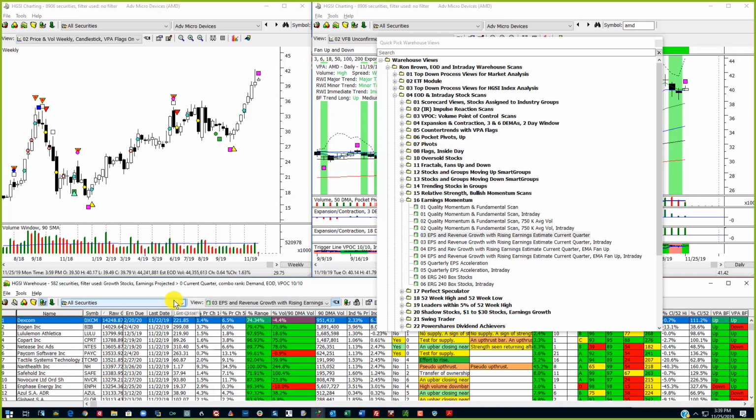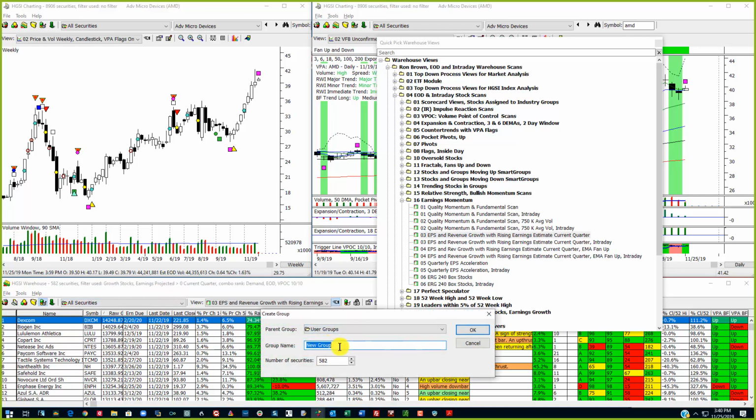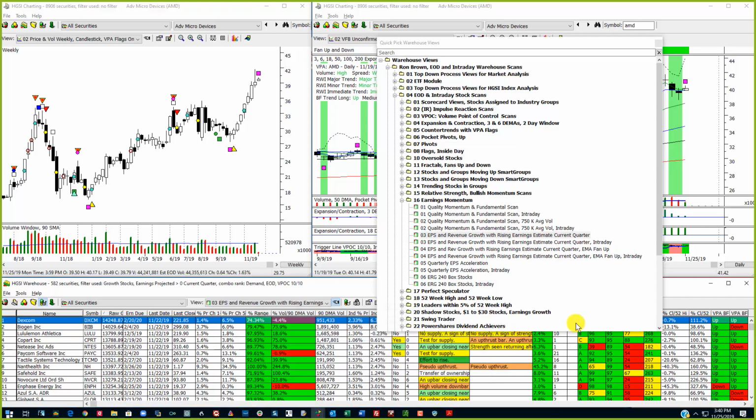Now these stocks, I'm not requiring a 10 or 20% growth. I'm just requiring a positive growth. So I'm going to make a group, and I'll just call this EPS Rev Growth, 582 stocks. I don't need an index.